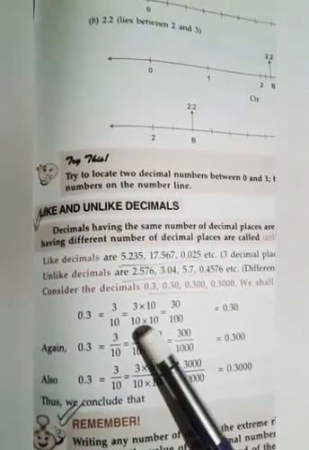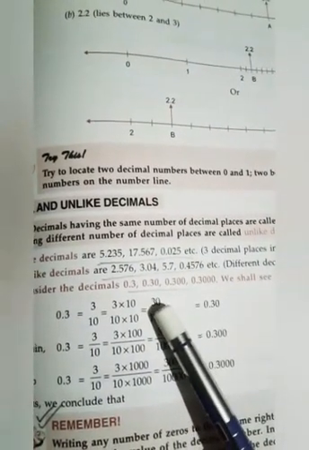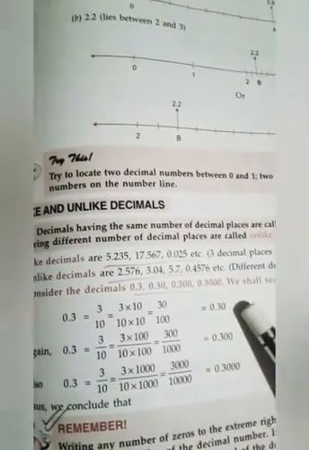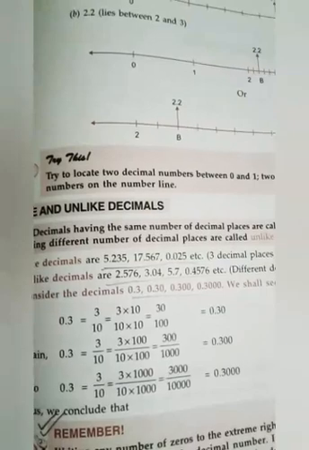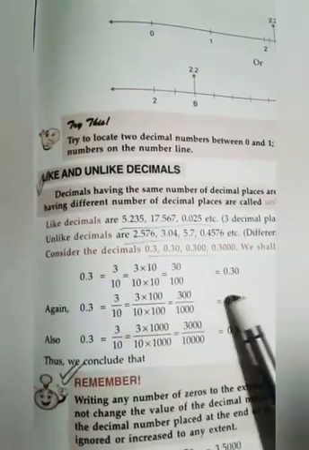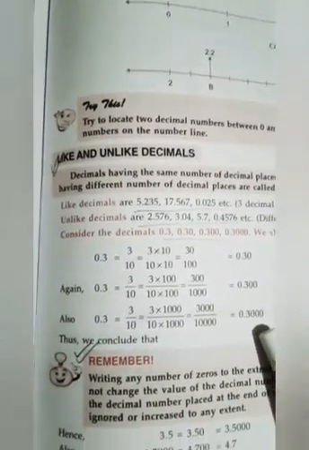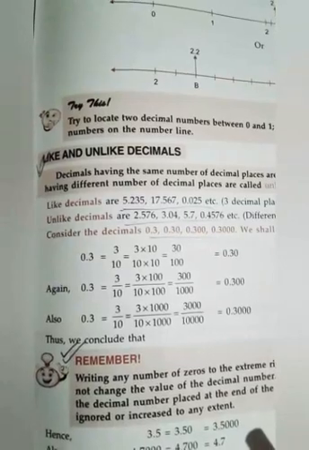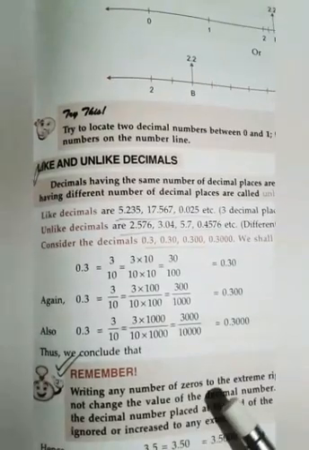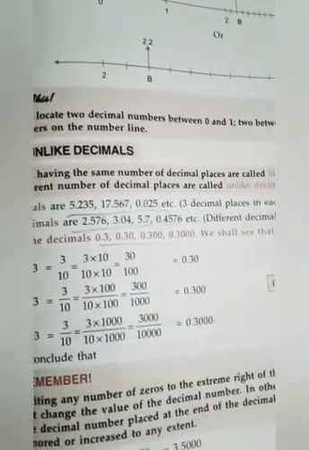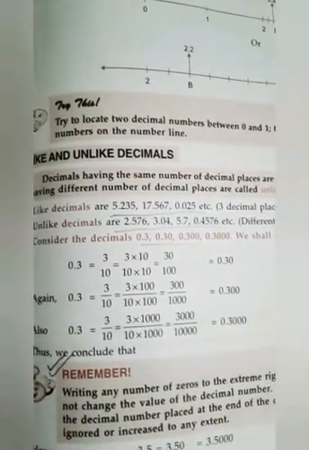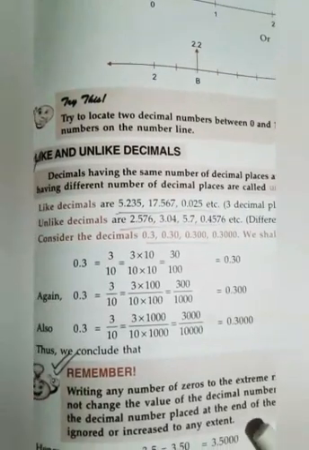So consider the decimals 0.3, 0.30, 0.300, 0.3000. We shall see that all these decimals are equal. Here you see all are of equal value. Thus we conclude that writing any number of zeros to the extreme right of the decimal part of a decimal does not change the value of the decimal number.